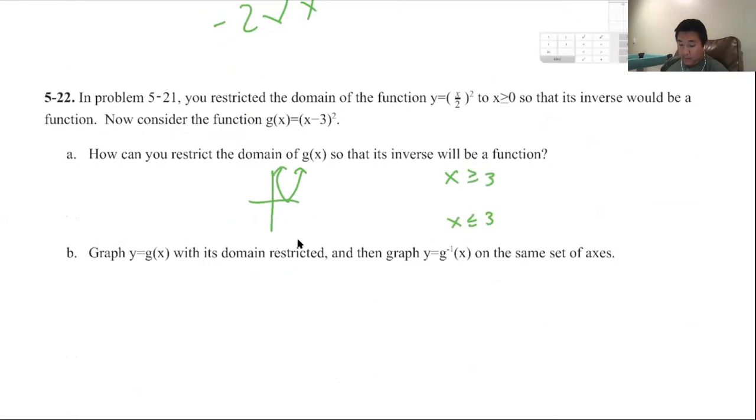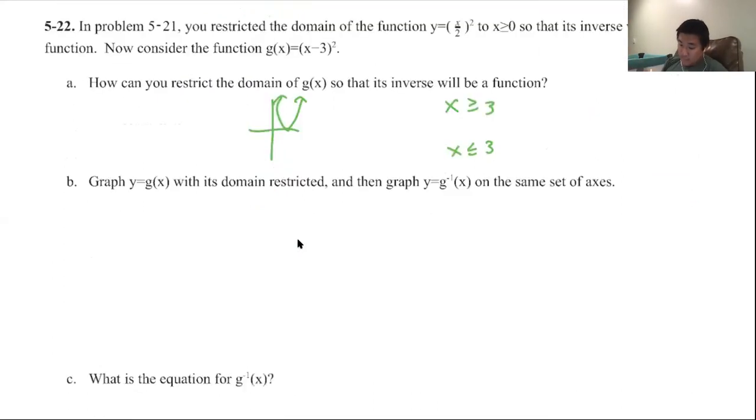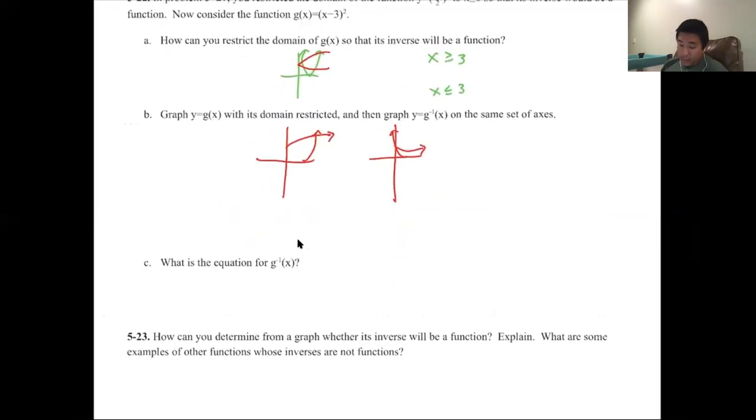Graph the line with this domain restricted, and graph the inverse on the same set of axes. 1, 2, 3, like that. So it could look like that and that, or that and that.